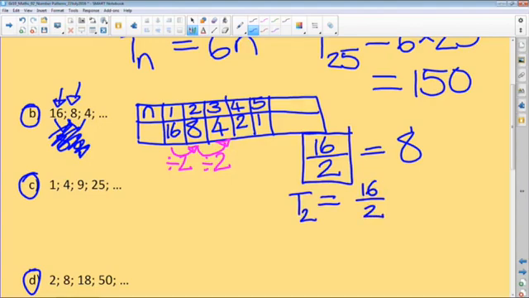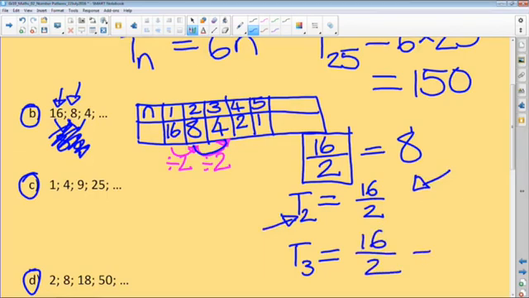Now term 3 is equal to term 2 divided by 2, right? Because it was 8 divided by 2. Now we've already said that the value for term 2 is 16 divided by 2. So let's put that over here and then divide it by 2 again.